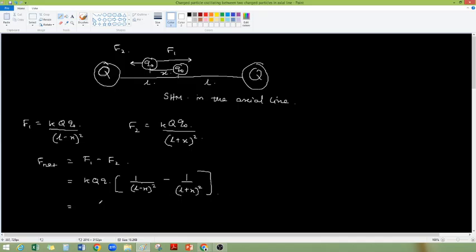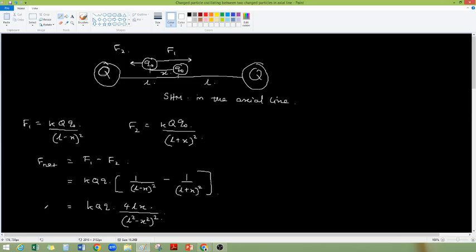If you do the math, L plus x the whole square minus L minus x the whole square, you will get 4Lx. You can do it, simple mathematics. And this is a plus b, a minus b the whole square, so I can write it as L squared minus x squared the whole square.